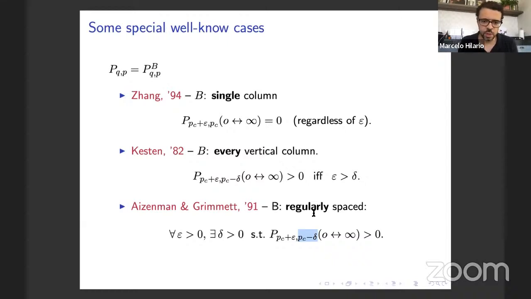It's similar to the previous one, but maybe you have to decrease much slower outside the vertical lines in B, because you have to account that this enhancement is being done in maybe a very sparse set of columns. So if you increase, again from the critical point, if you give a boost in these lines, making it better for percolation in these lines, then you can even decrease outside by a certain delta that is going to depend on epsilon and on the set B, and you are going to have percolation.